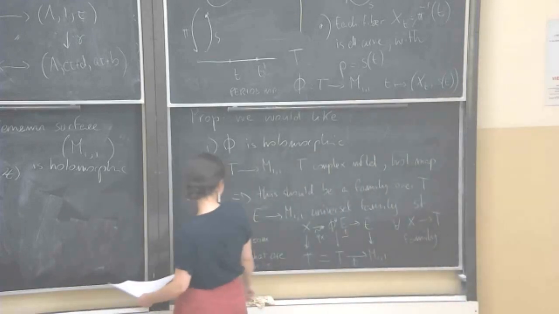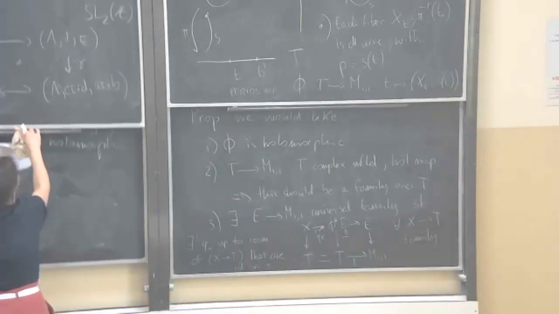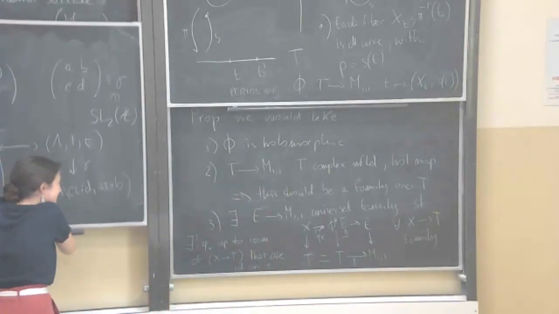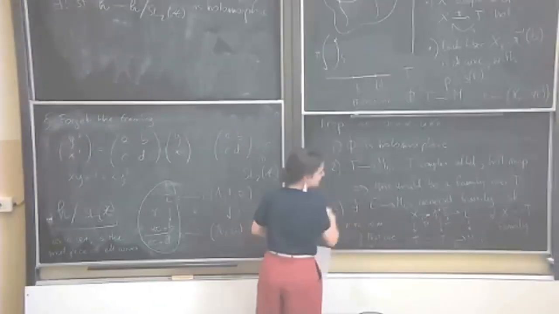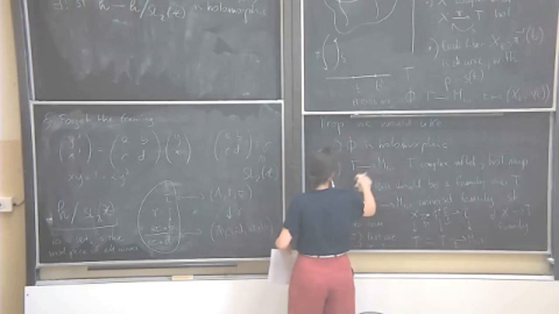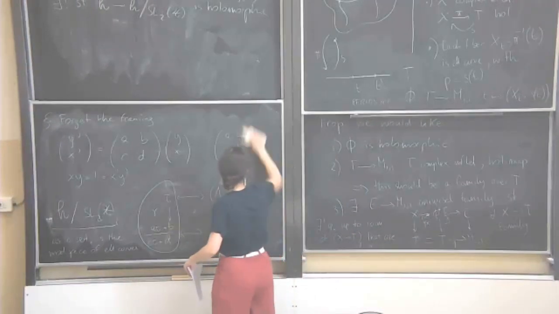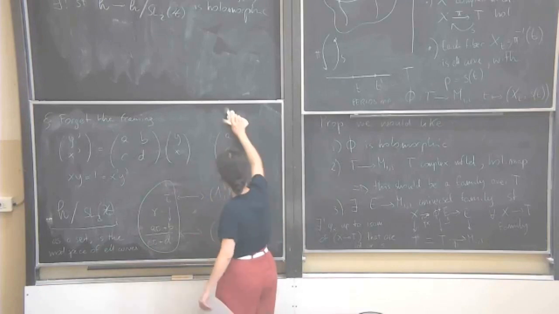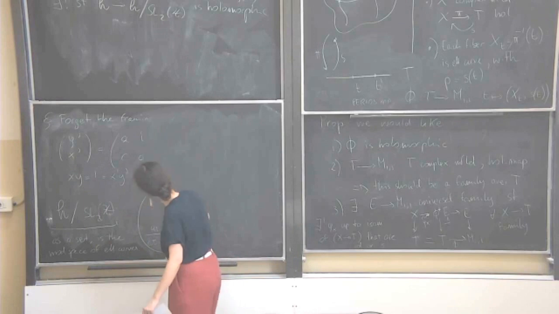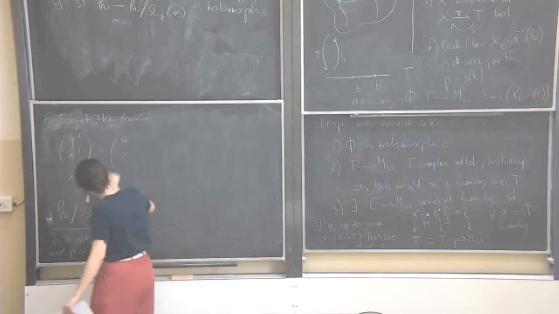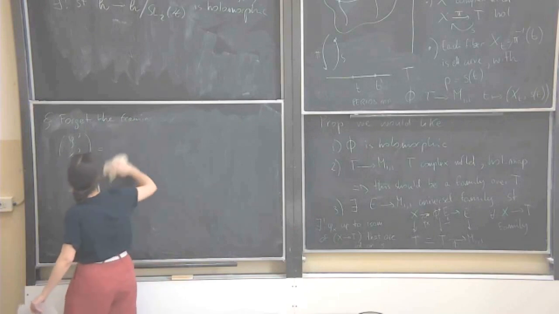Okay, let me go on this side now. And the thing is that we will see at the end, I will just say one thing about why this doesn't happen on M1, but we can make it happen on H. So we go back to H first, so that I can construct it.